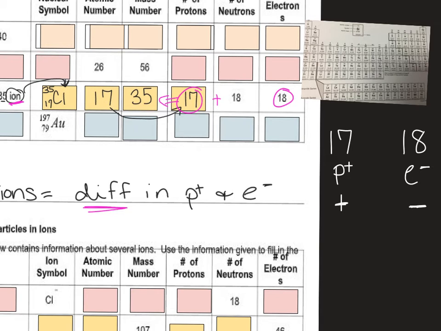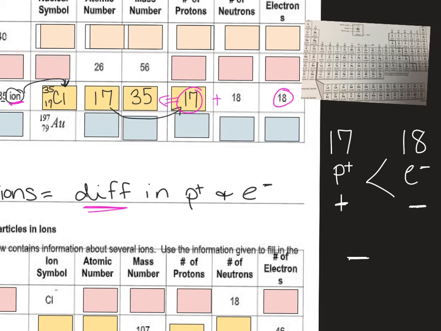Who do I have more of? Hopefully you said electrons. So I have more electrons. So that's your first question: who do you have more of? Once you've answered that question, that tells you if I have more electrons, the symbol for my charge is going to be negative. So more electrons means negative.